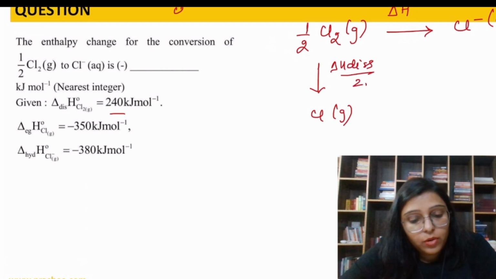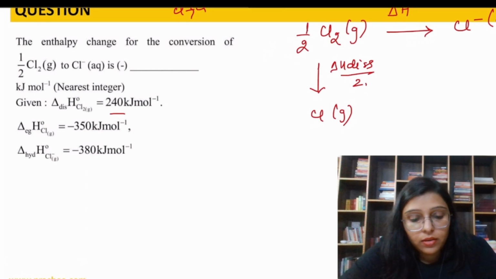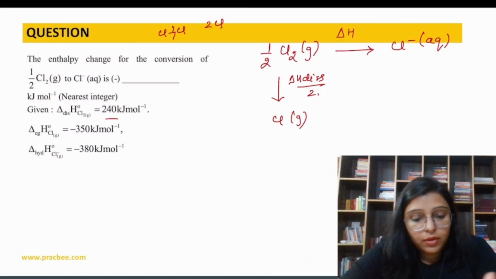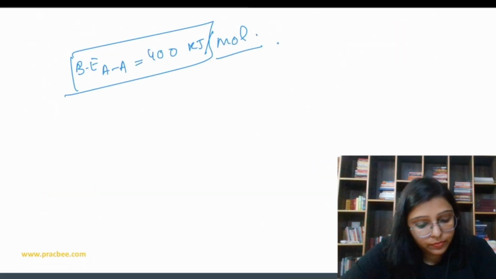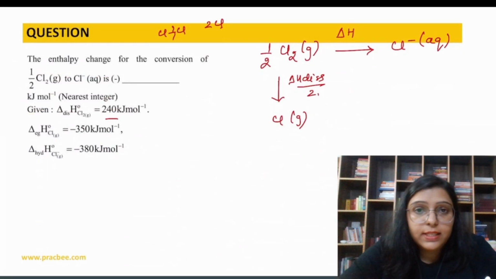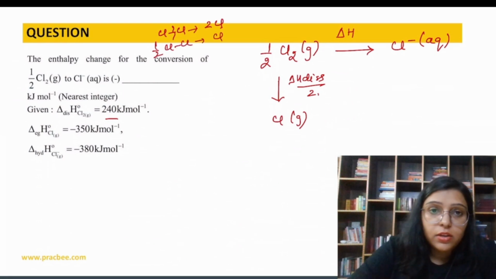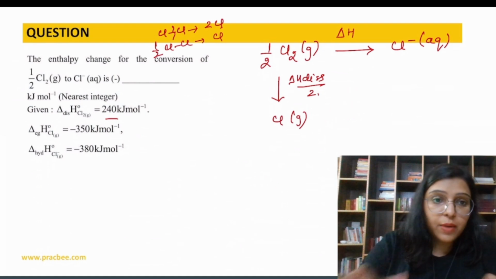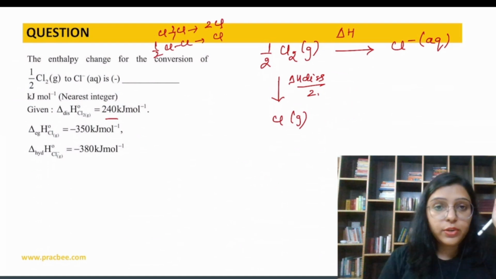Why? Because Cl2 if you break, we get 2 Cl. We have half Cl2. So if we have half Cl2, we get only 1 Cl. So we require half amount of the dissociation energy in order to convert half Cl2 into Cl.